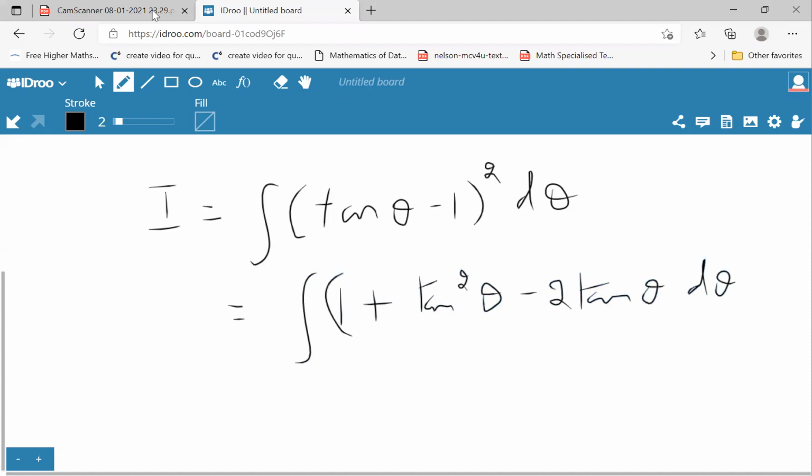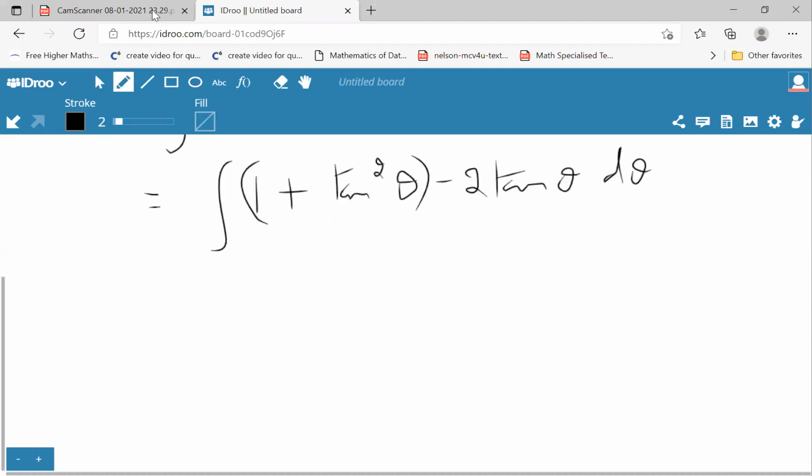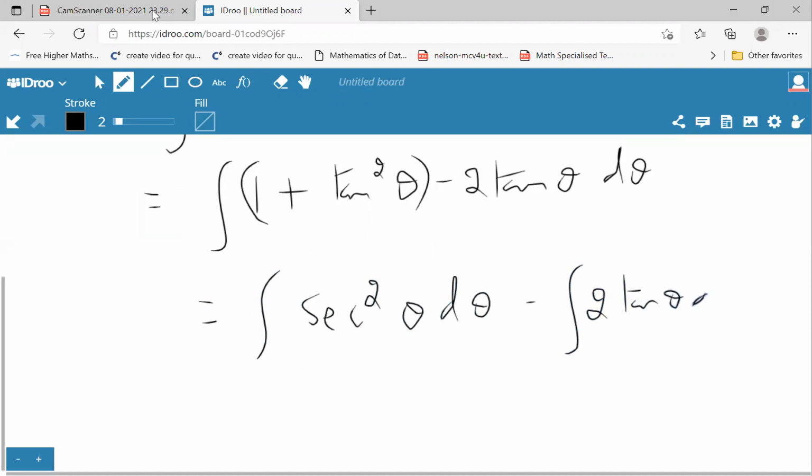Now let us club these two. You know 1 plus tan square theta is secant square theta. So let us write this as integration of secant square theta d theta minus integration of 2 tan theta d theta.